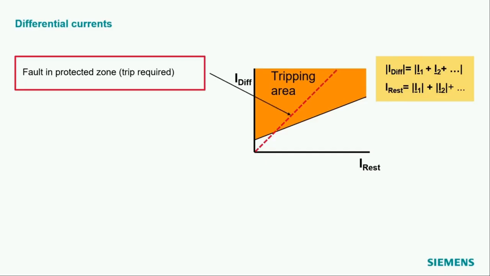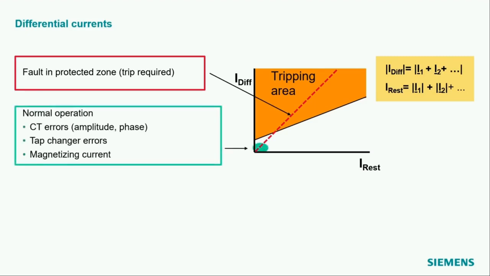If we have a fault in the protected line, we will again be on our 45-degree line in the diagram. That means here in transformer differential protection, we use the traditional concept using differential current and restraint current.